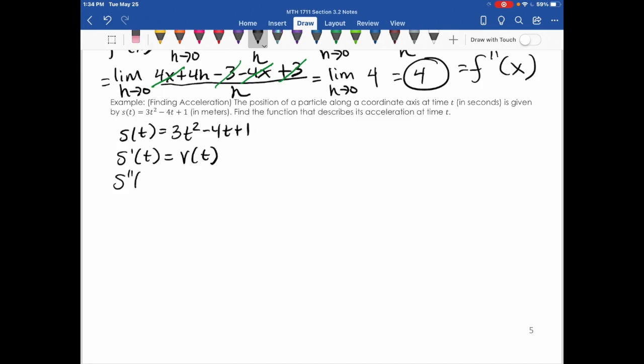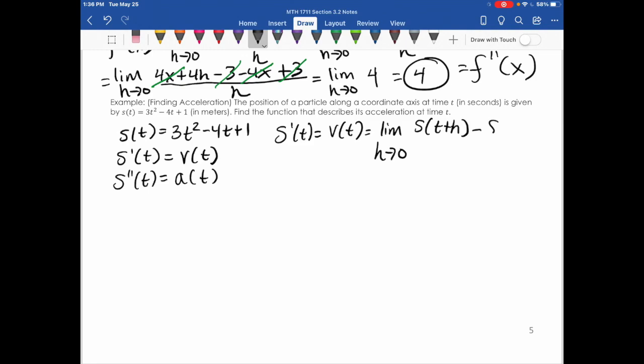So we're going to first find the first derivative, which would give me the velocity. I'm going to find the limit as h goes to 0 of s of t plus h minus s of t all over h. Now notice I'm not using f or x here because our variables and the name of our function are different. So I just swapped them out, but it's the same idea.